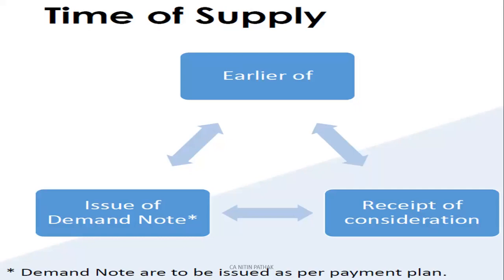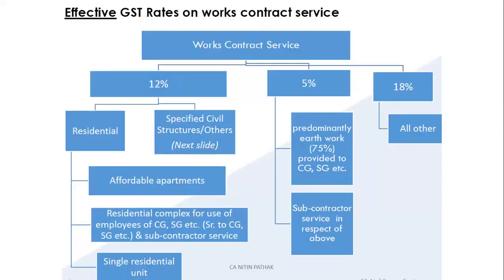On the basis of the agreement, demand note is issued. Demand note to be issued as per the payment plan. Then it would be considered the time of supply and the payment has to be made. GST has to be paid at the time of issue of notice, demand or receipt, whichever is earlier.